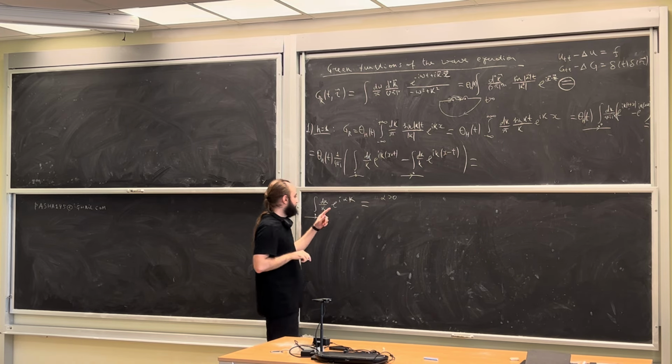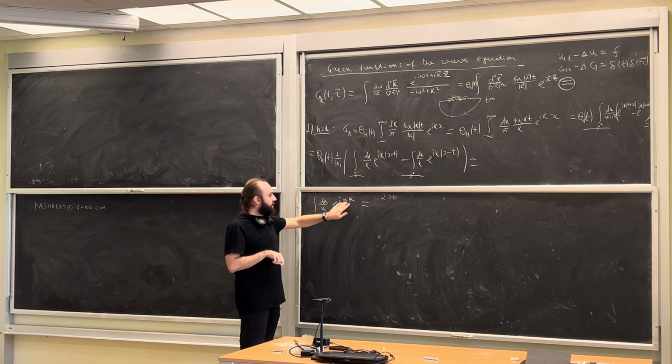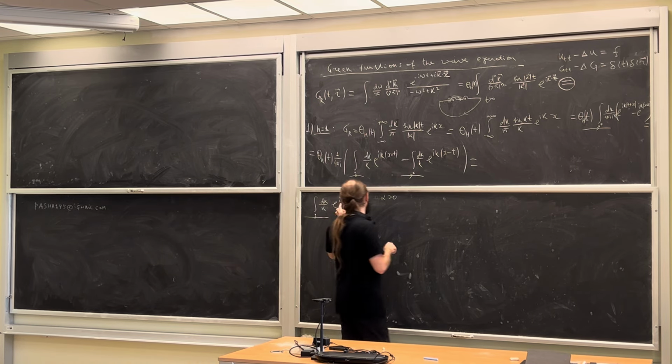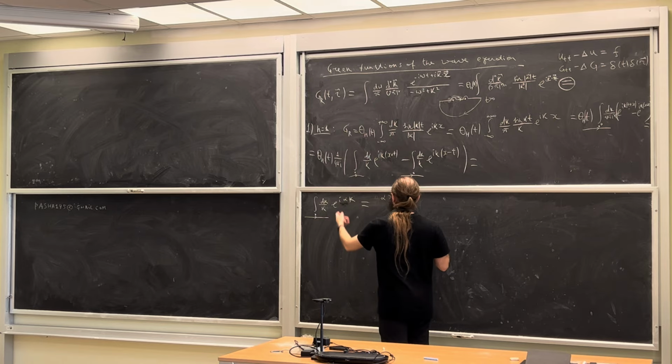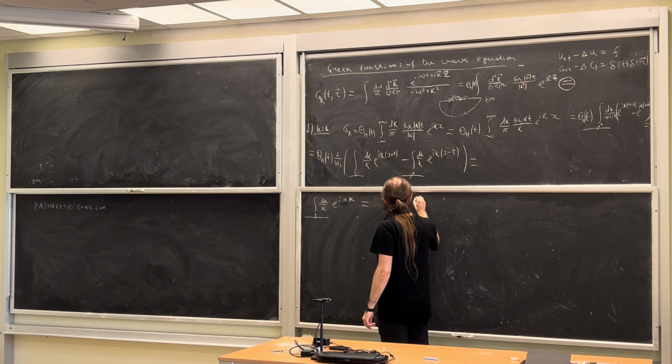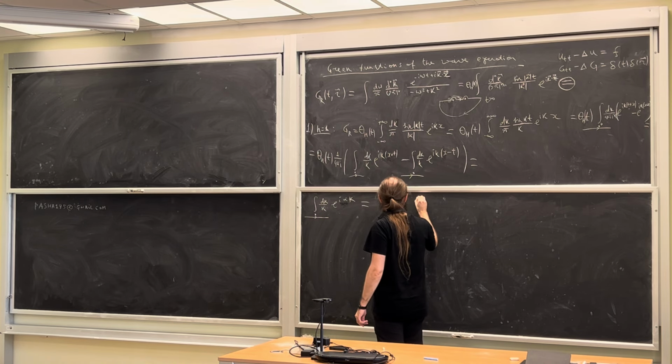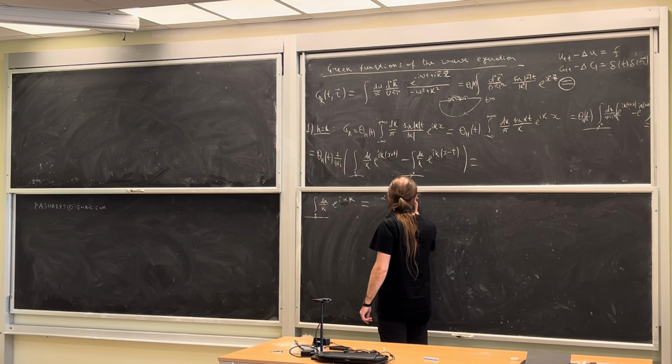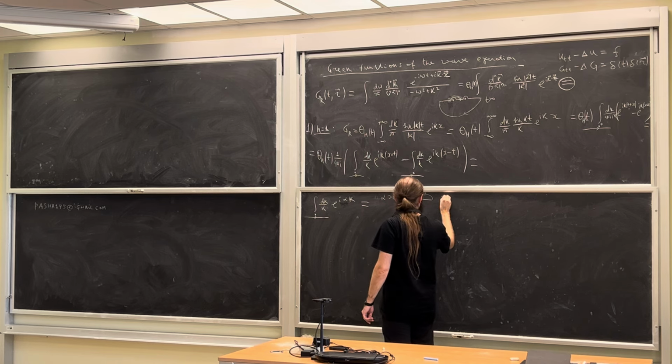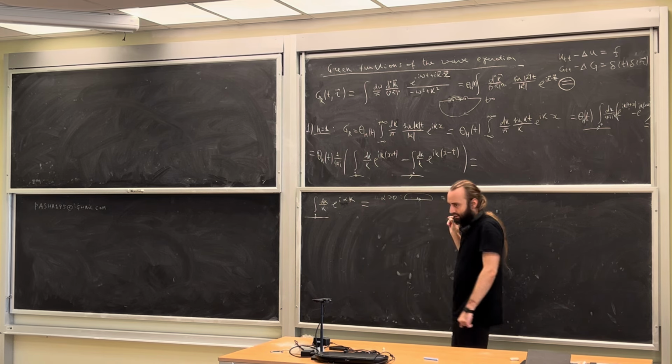Yes, because in this case k goes to infinity multiplied by I goes to minus infinity, and this goes to 0. So we have this picture. And what does it equal to?